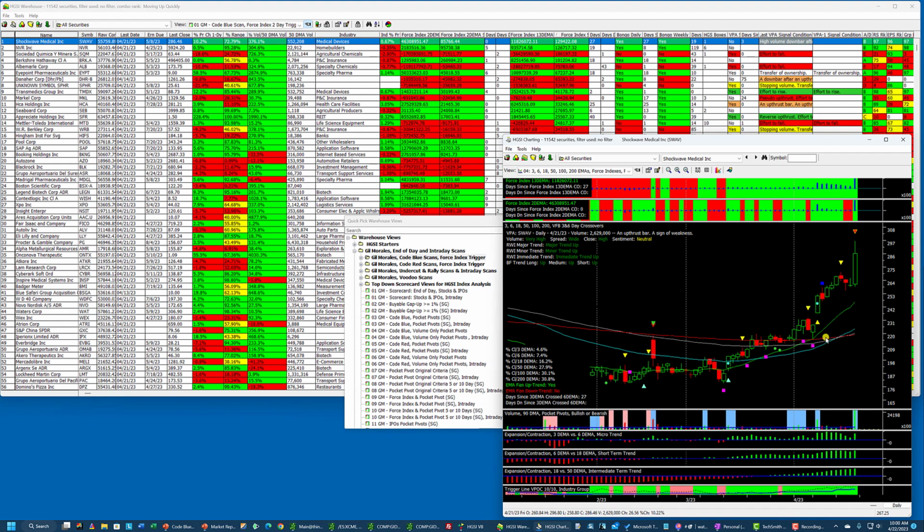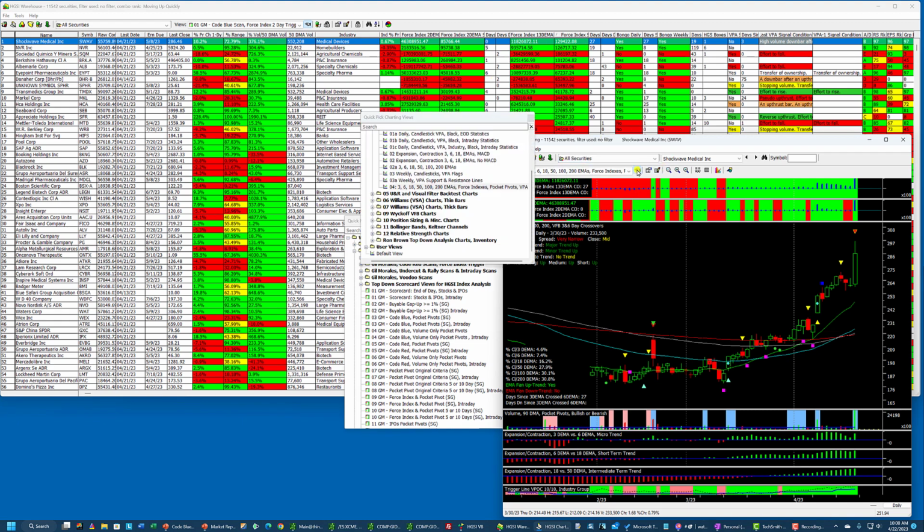I don't have the 3 and the 6 in here, but this shows the direction of the stock, index, whatever. Pocket pivots, when the 3 is above the 6, this will be a positive histogram here, 6 above the 18 and the 18 above the 50. And then there's the force index. So with this chart, I'm getting a lot more information than just in the code red and code blue charts.